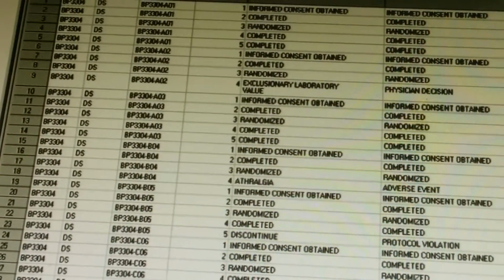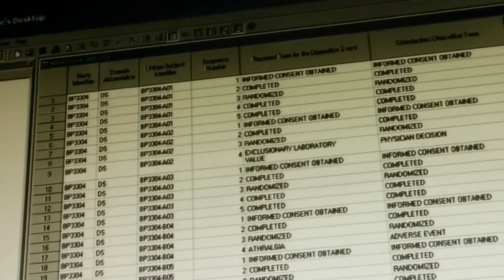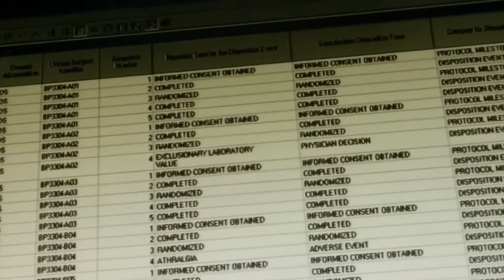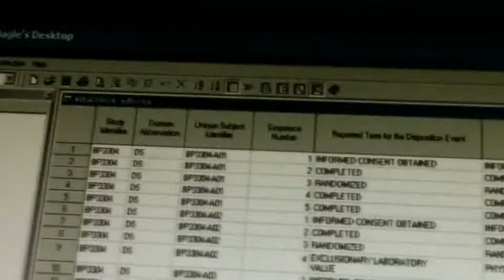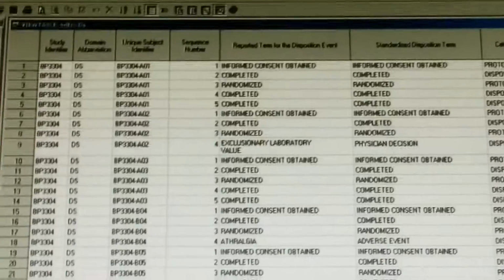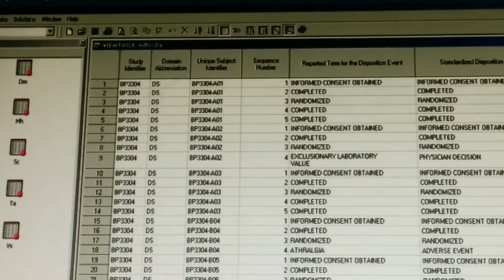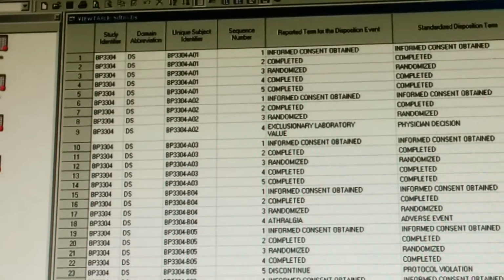They collect it somewhere, because I know it gets into DS. And I know we had it there. I'm not quite sure what happened to it, so I'm going to have to investigate that one. Oh, you mean in our sample data? In our sample data, we've got it in the DS domain. But we don't have the annotated CRFs updated with the informed consent.